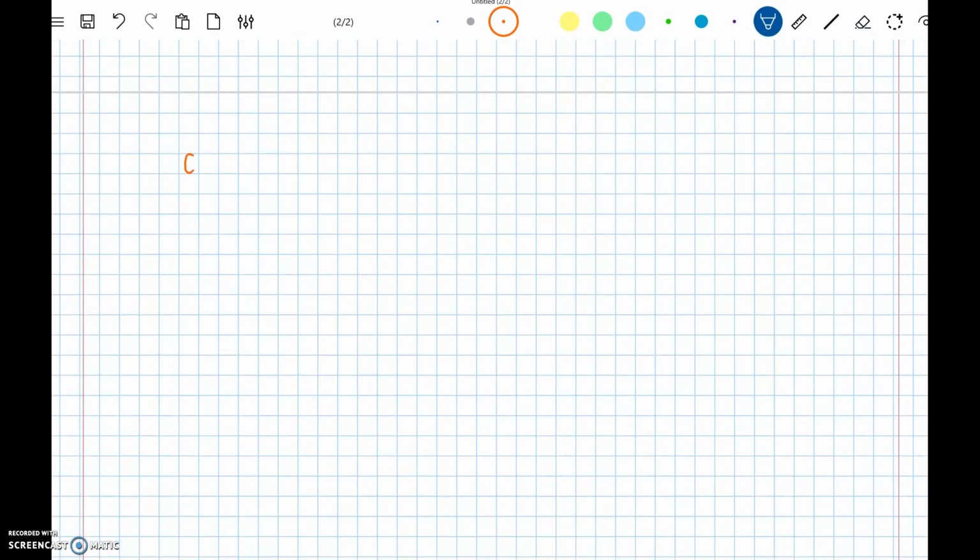Okay, example number 3 says transform triangle ABC using this rule. (x, y) is transformed into (-x, y).